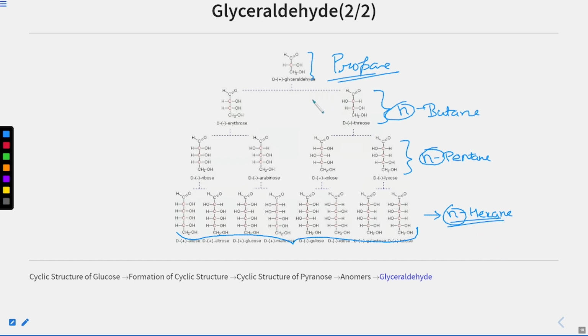Okay. So this was about the various classifications of glucose. Now we have seen the cyclic structure. If I try to summarize today's class, some of the chemical reactions are not justified with the help of the open chain structure. Starting from Schiff's reagent, we do not get any magenta color upon treatment of glucose with Schiff's reagent.